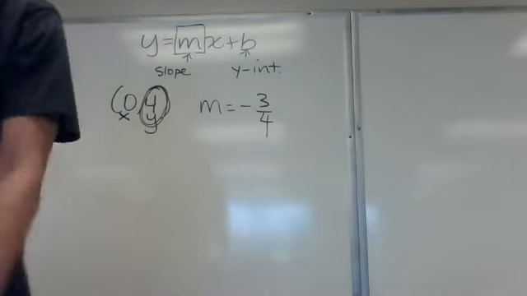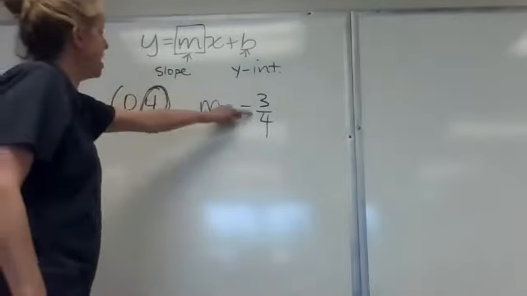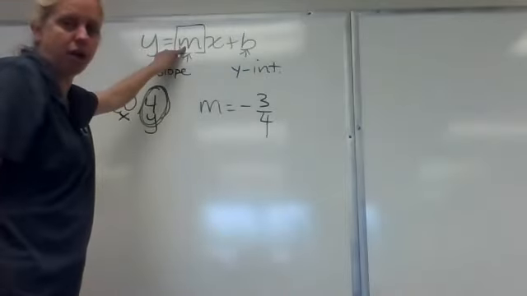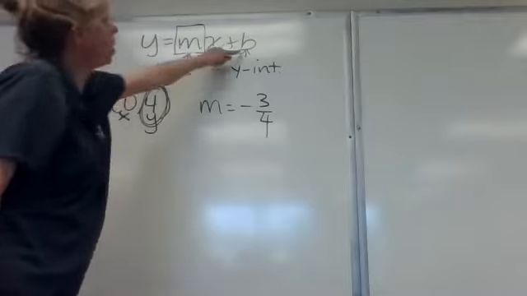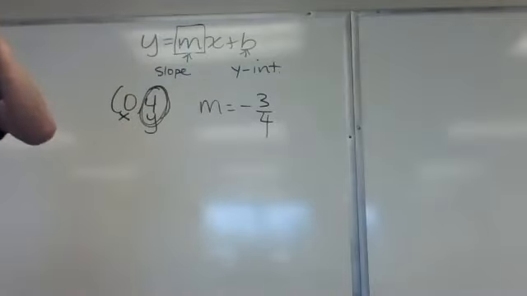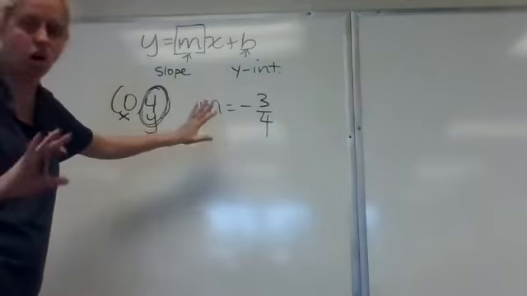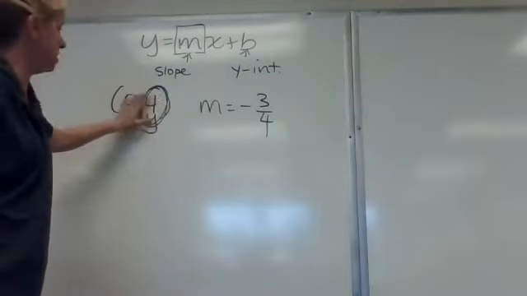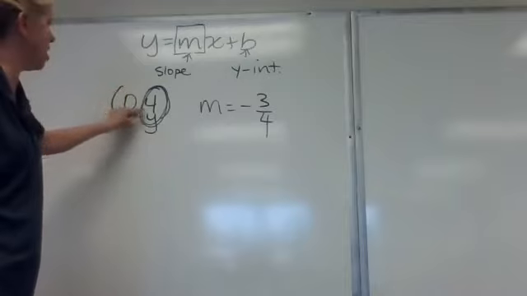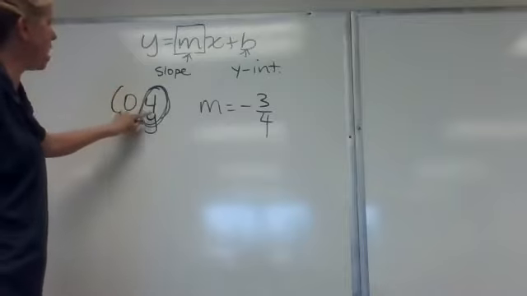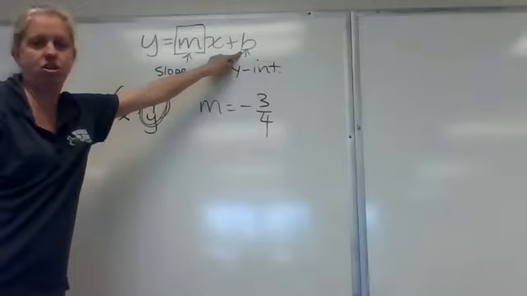Okay, which means I just need to put the negative 3/4 in the slope spot and the 4 in the y-intercept spot. If this number was anything other than 0, then it would be a whole other problem. But it's not. If that's a 0, then the number in your y spot is your y-intercept.